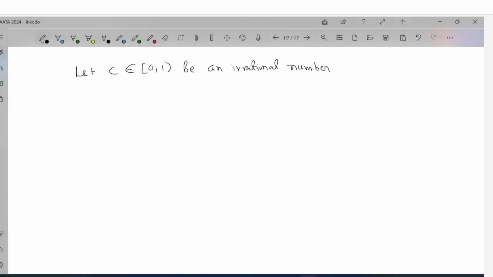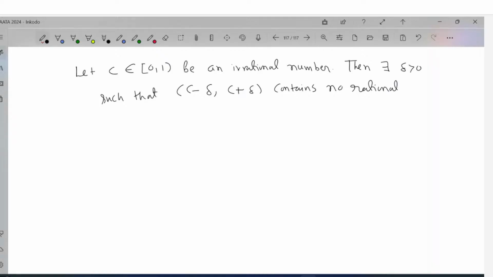Okay, c belongs to R and c an irrational number. Then there exists a delta greater than 0 such that (c minus delta, c plus delta) contains no rational p by q with q less than or equal to k.